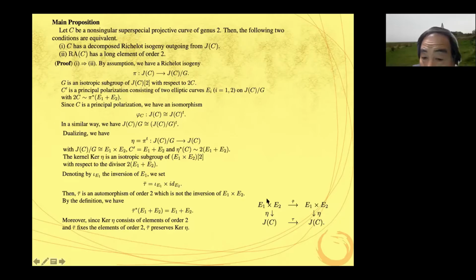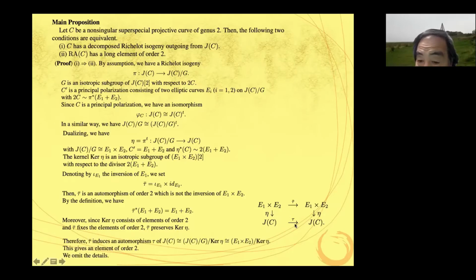And also, by definition, this one preserves the polarization. And also, this one is identity on the kernel of eta. So this automorphism, we can make a descent of this automorphism from here to here. So this one becomes an automorphism of the Jacobian of C, and this is not inversion.